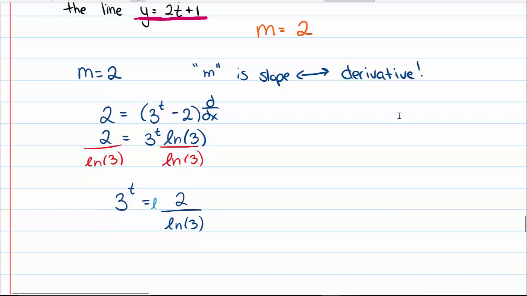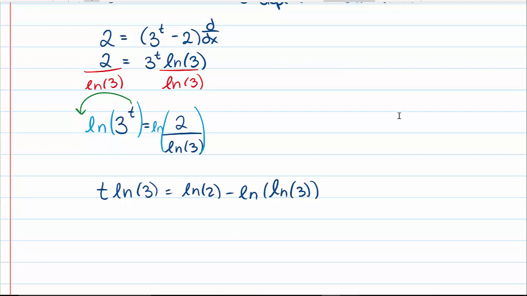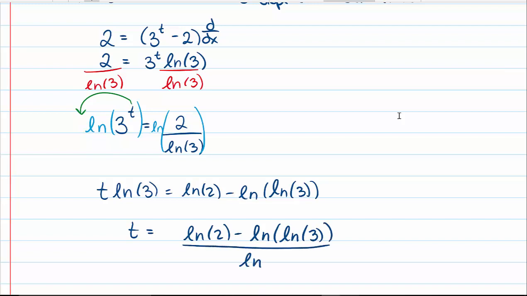Then to solve this, we're going to take ln of both sides. This t is going to come to the front. And we get t ln of 3 is equal to ln of 2 minus ln of 3. So then t is equal to ln of 2 minus ln of 3, all divided by ln of 3.